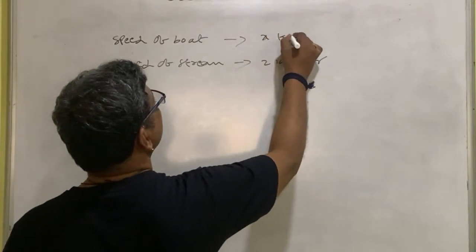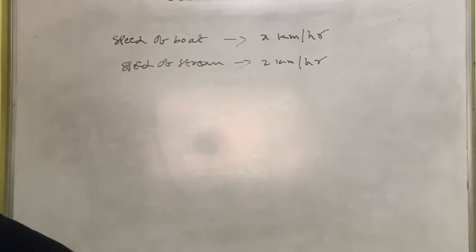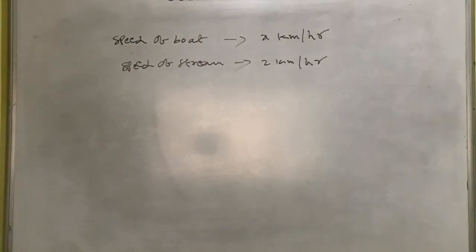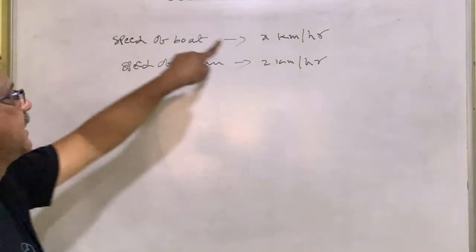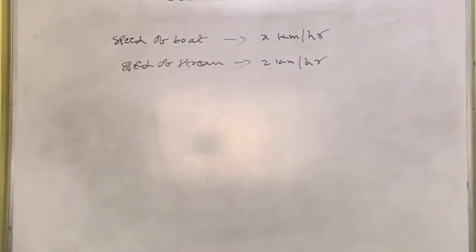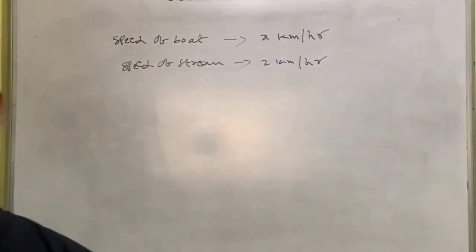Let it be x kilometers per hour. Okay? Speed of boat is not given. Let it be x kilometers per hour. Speed of stream is given, that is 2 kilometers per hour.